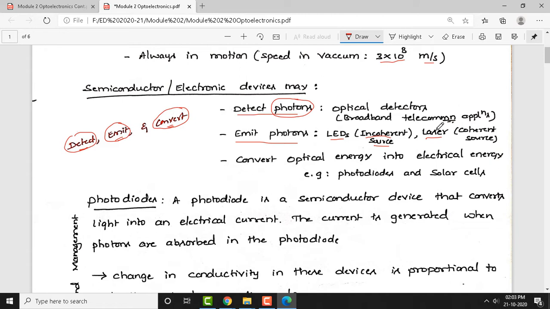Laser stands for light amplification by stimulated emission of radiation. Let us write it in capital letters: LASER. What do you mean by this laser?